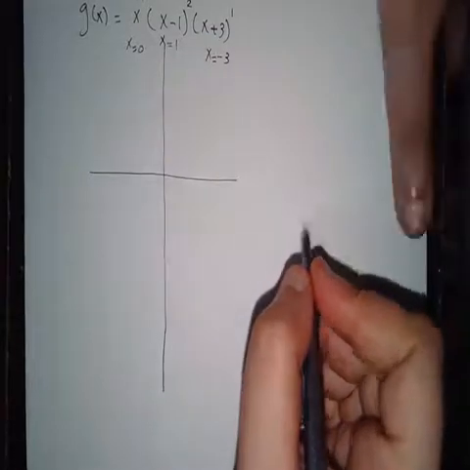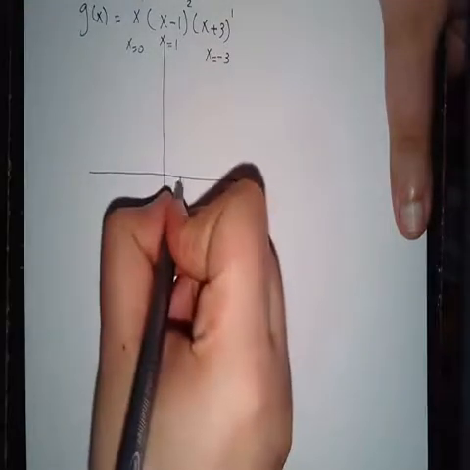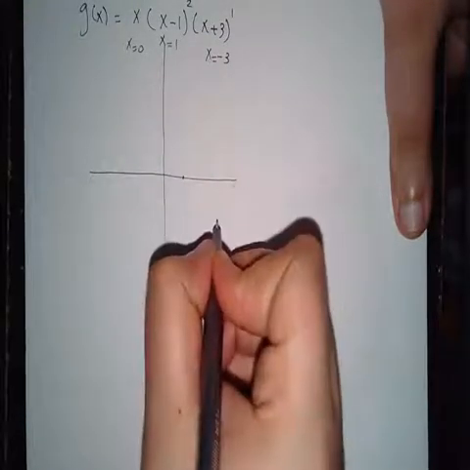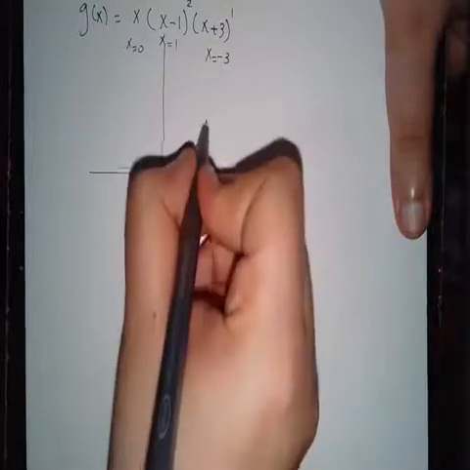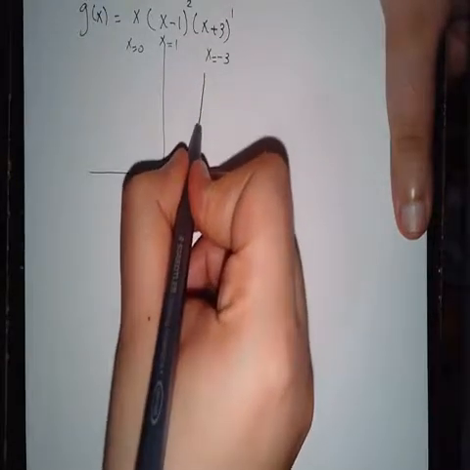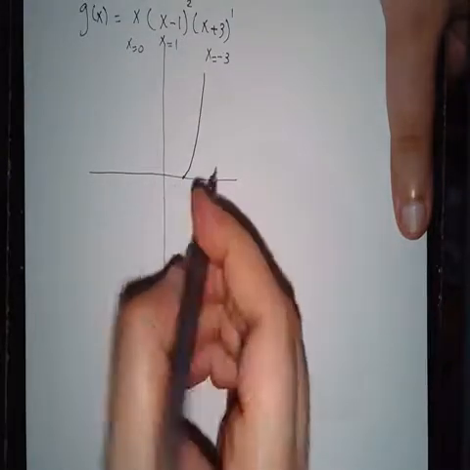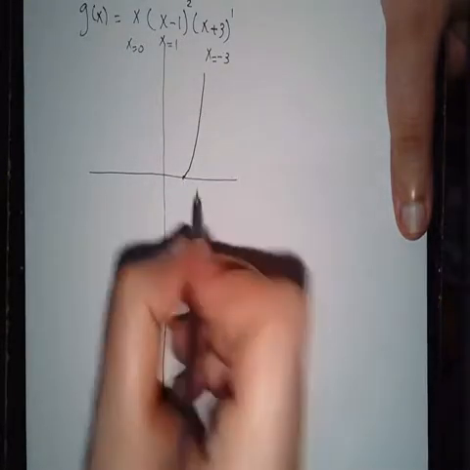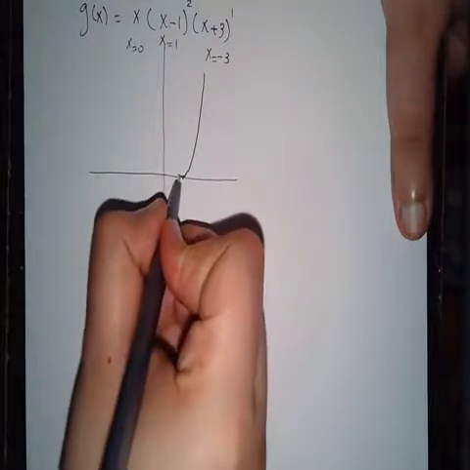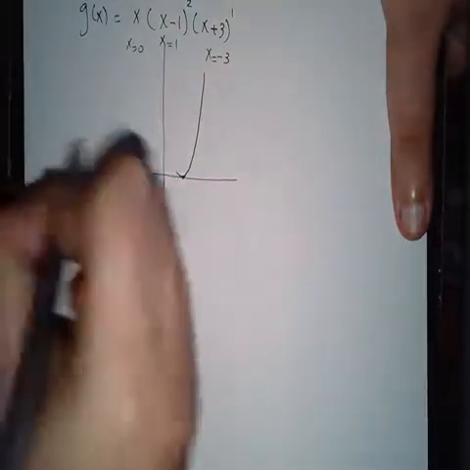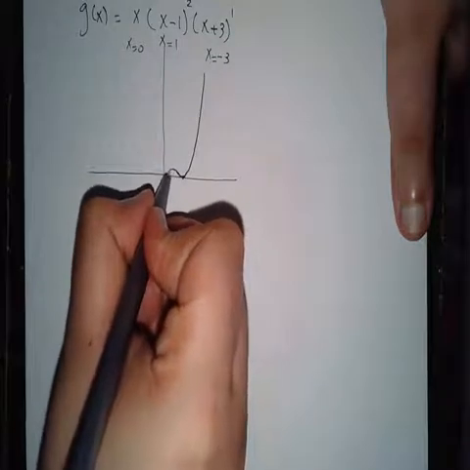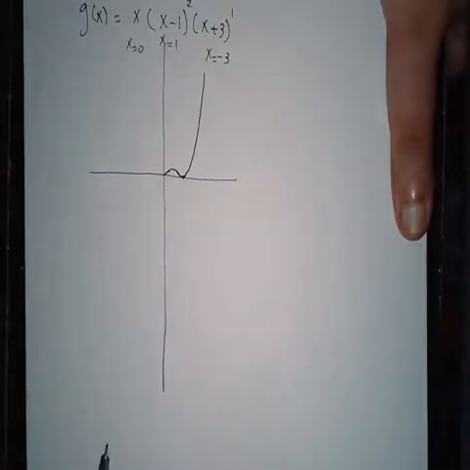So, at this point, x equals 1, or the point 1, 0, the function is going to approach, but it's not going to cross. It's not going to go into the negative. It's going to just touch the x-axis and then curve up again. Go to the 0, and touch it like that. You see that? So it didn't cross it, it just touched it.